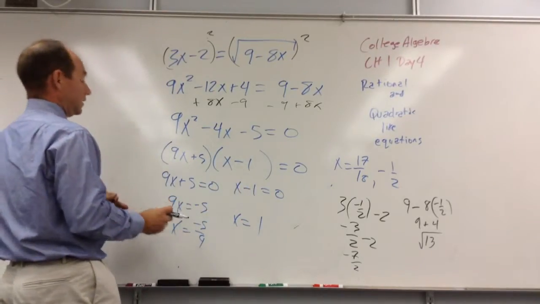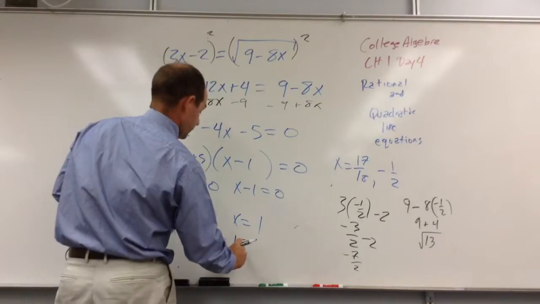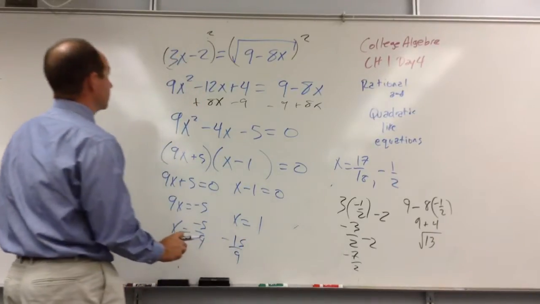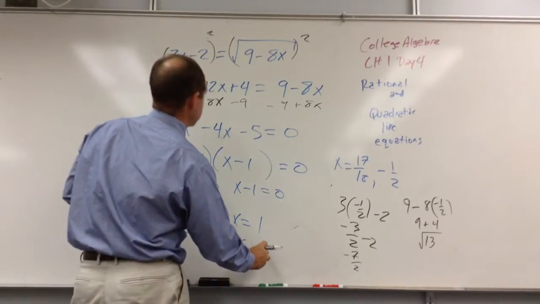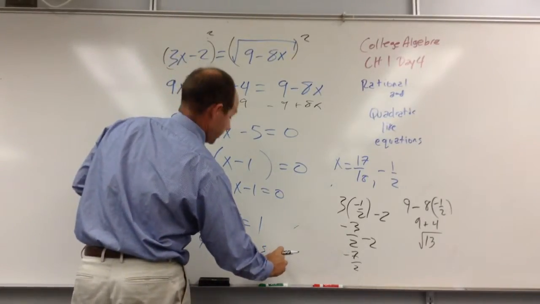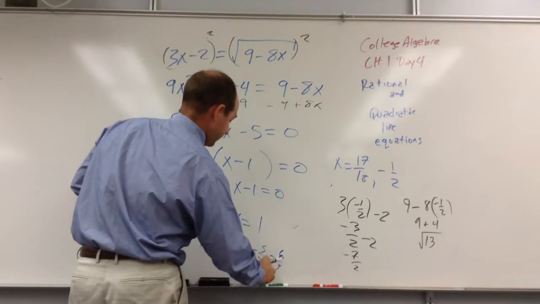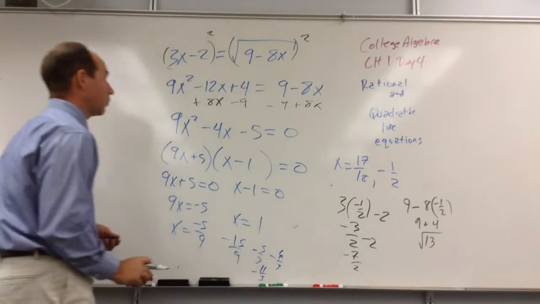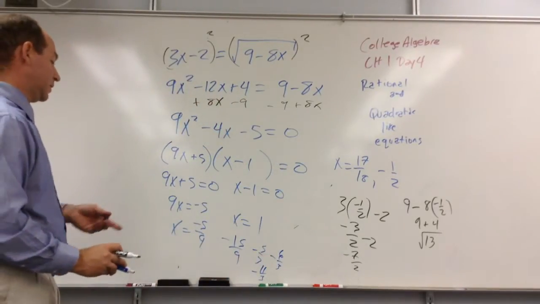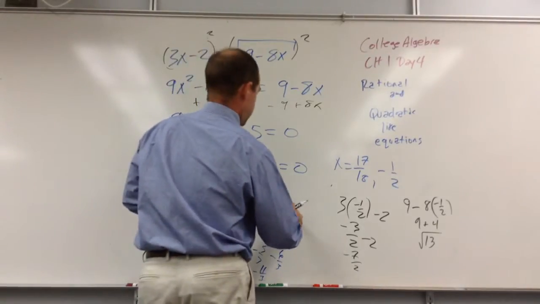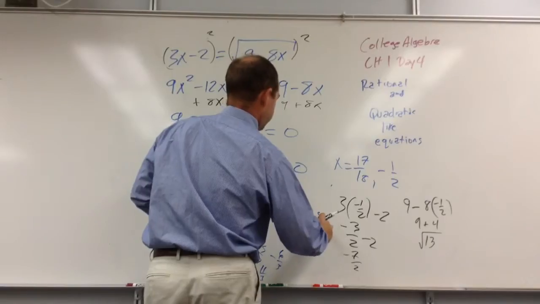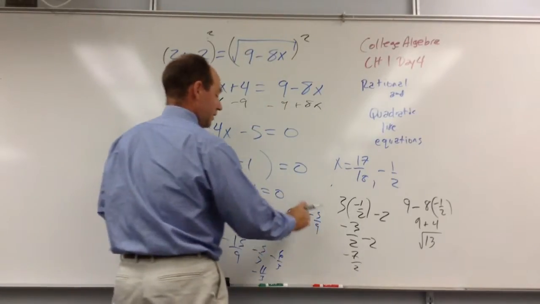For negative 5/9, we get negative 15 over 9, which divided by 3 is negative 5/3. Then we subtract 6/3, so that's negative 11/3. Over here, negative 5/9 gives me 9 minus 8 times negative 5/9. That's going to be addition, 40/9.